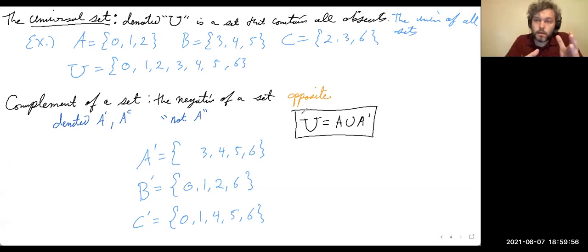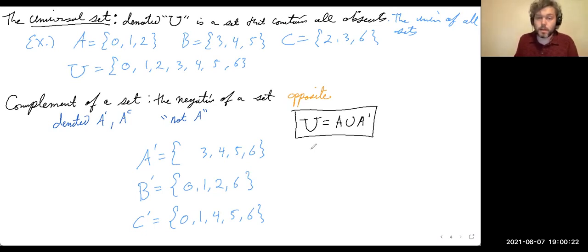So if you think of the universal set as every living person, well, if you are the set A, A complement would be everybody else other than you. And if you put those together, that's everybody. So for all sets, the union of A and A complement is the universal set. It would have to be. And you can do that for any set, okay?